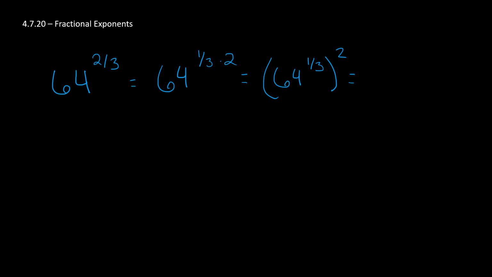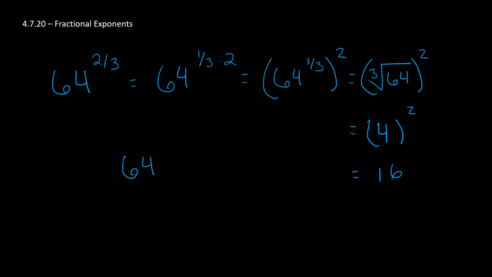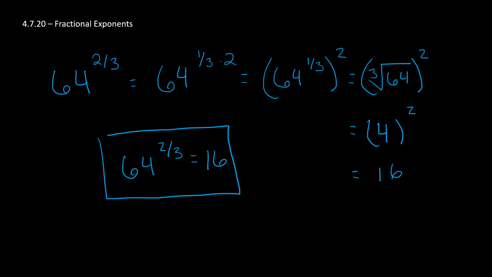Well, what is the cube root? What we're asking here of 64. The cube root of 64, you guys would have already seen from previous videos that that's going to be 4. So we have 4 squared, which is going to give us 16. So we can say that 64 to the 2/3 is equal to 16. Very cool.